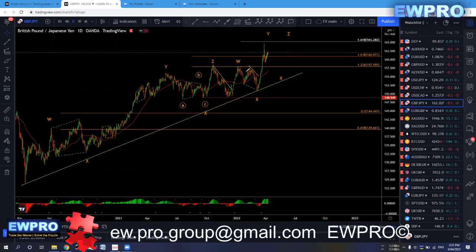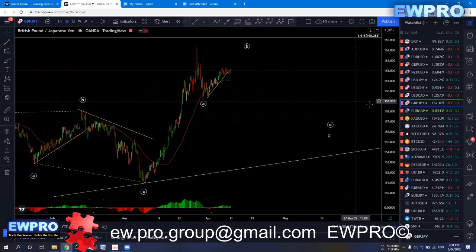So this wave, I was just looking for an A, B, C in here, and then the A, B, C for a running flat, and that is still possible. But this wave here has gone too far. We've lost all our bearish divergence, so it makes it a little bit harder. But we are looking for the sell.